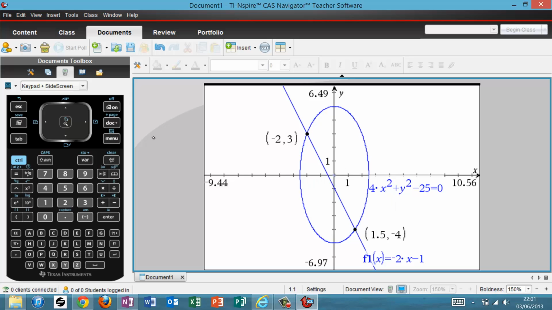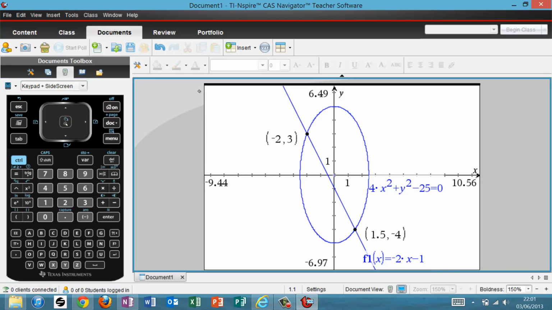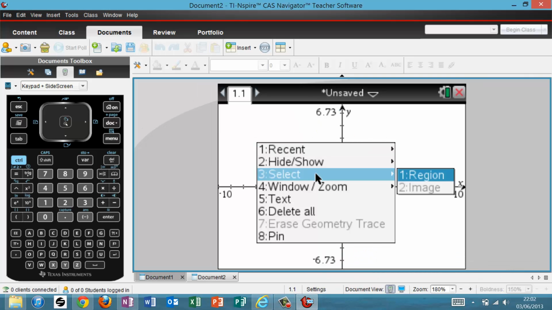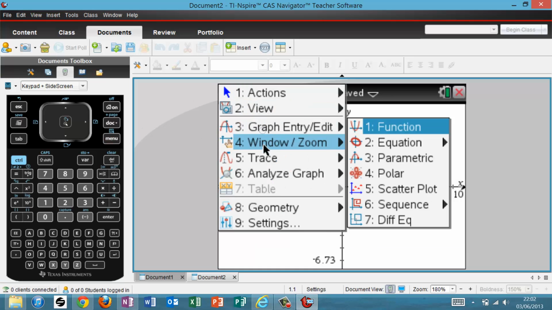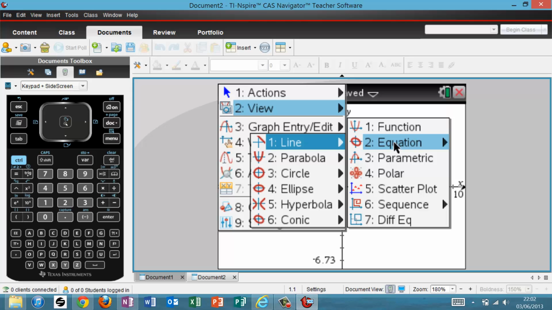So let me go back and start a new graph. Here I am trying to learn this calculator on this program. I'm going to pause this. Change the view now to match your view. So if I go menu, view, nope, sorry, graph type, and I go to 3, go to equation and conic.